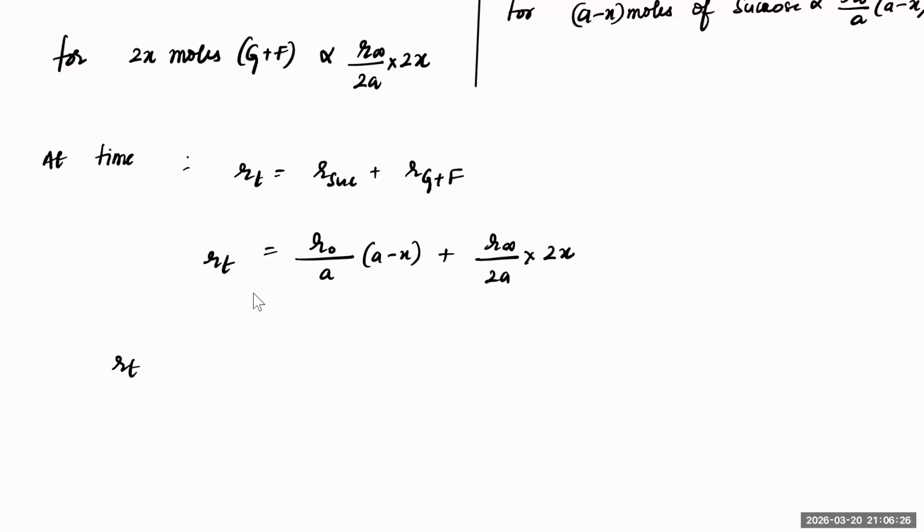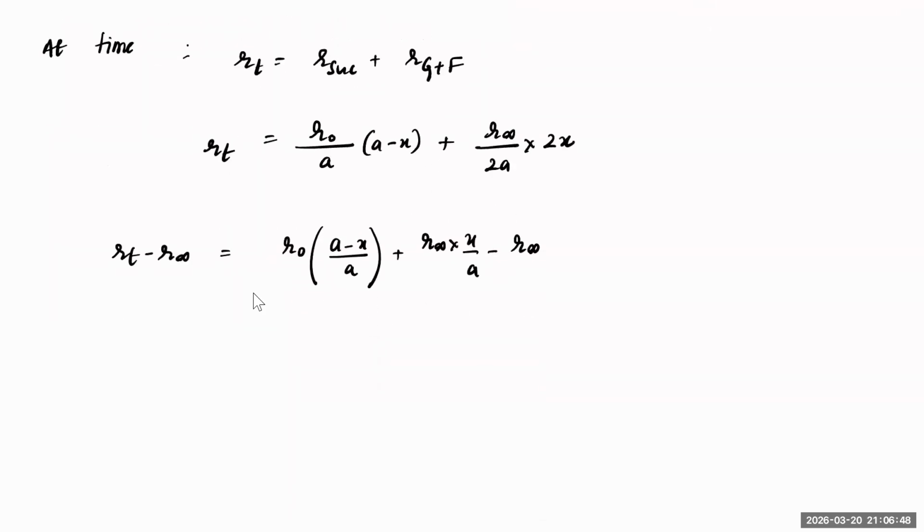To simplify, I am subtracting R infinity on both sides. So I'll get R naught into (a minus x) by a plus R infinity into x by a minus R infinity. Now R infinity will come common and I'll get (x minus a) by a. Correct?